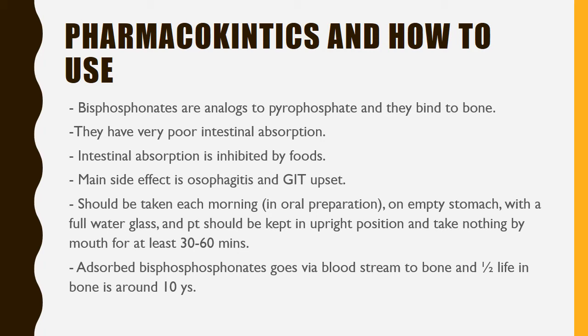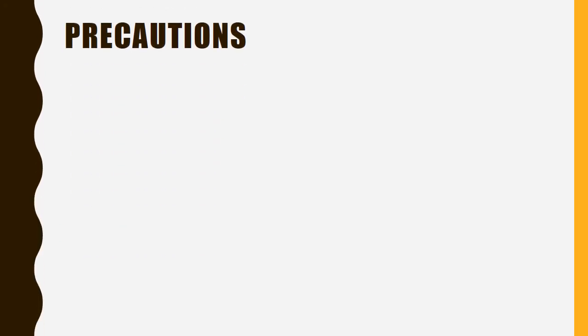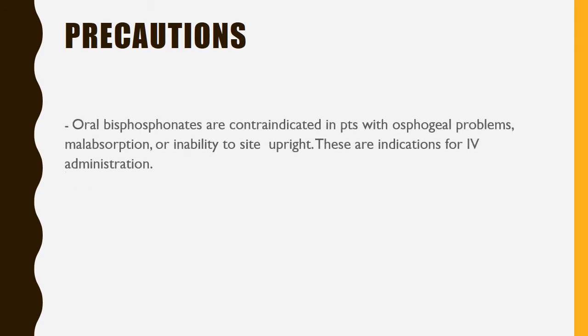Adsorbed bisphosphonate goes via the bloodstream to bone, and the half-life in the bone is around 10 years. So it adsorbs to the bone and prevents the action of osteoclast and gives a chance for osteoblast to form bone. So precautions: oral bisphosphonates are contraindicated in patients with esophageal problems, malabsorption, or inability to sit upright. These are indications for intravenous administration.